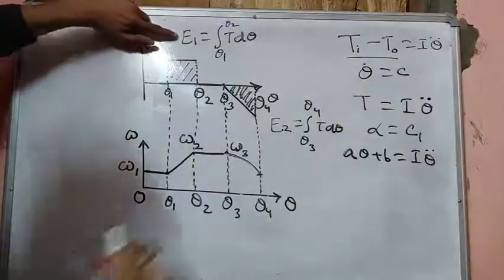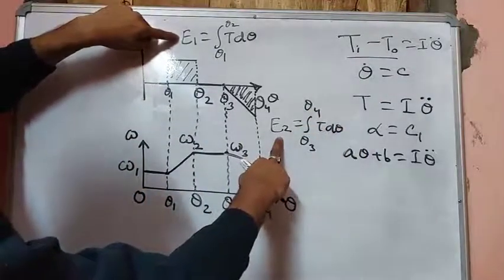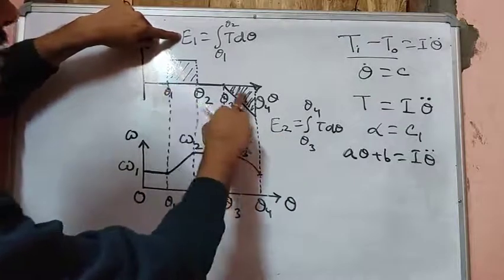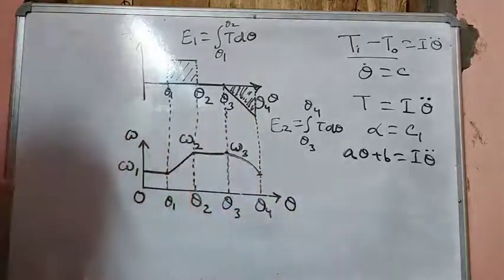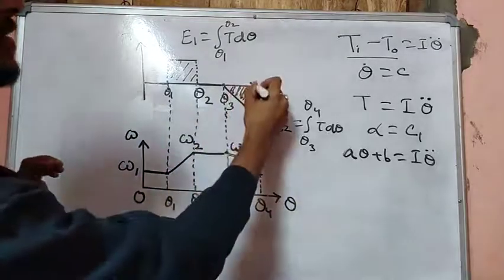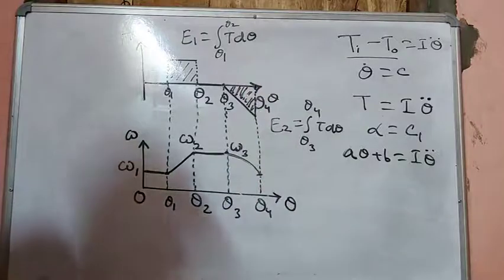So if E1 and E2, that is the area under this curve and this curve, are equal, that means no net resultant or external torque, and after the completion of one cycle there is no extra amount of energy supplied to the system.